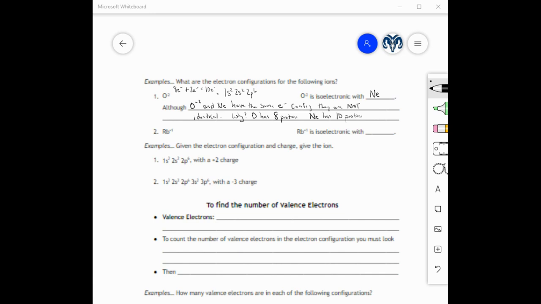Okay, so now rubidium. If we look at the periodic table for rubidium, where in the heck are you? Rubidium. Okay, it's 44, I think.